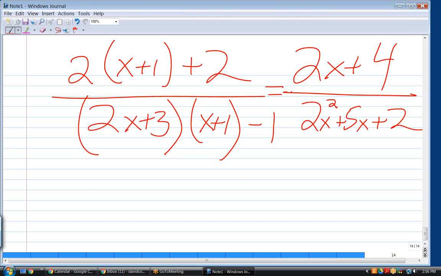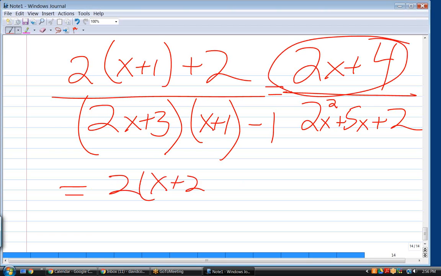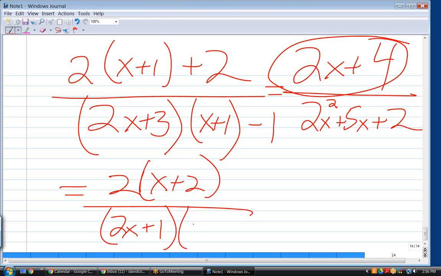Now let's factor the numerator, which is 2 times x plus 2. This denominator actually does factor, I believe, into 2x plus 1 times x plus 2.